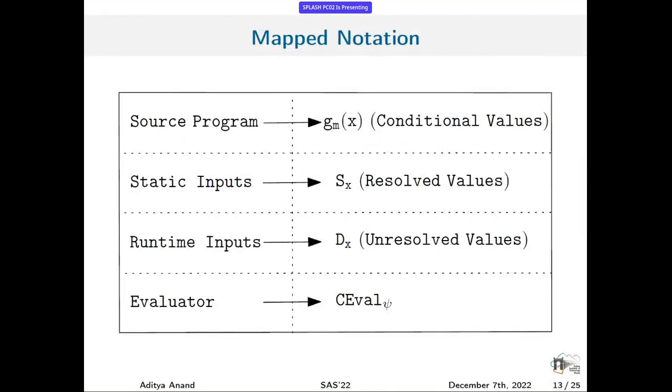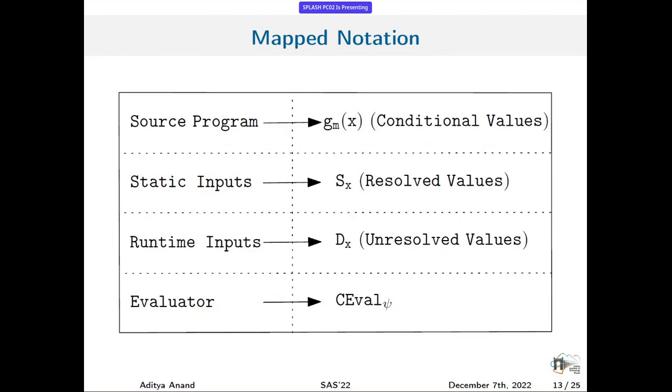So we model the partial analysis where the source program from the partial evaluation world is modeled as conditional values in our partial analysis world. The static inputs for the programs in the partial evaluation world, we model as those conditional values which can be resolved for a given set of conditional values, and the runtime inputs are modeled as the conditional values we cannot resolve.